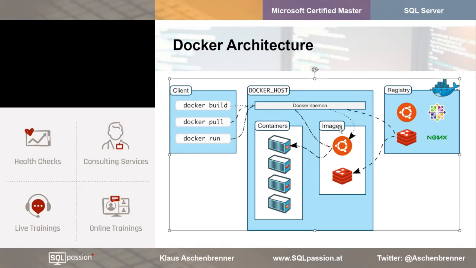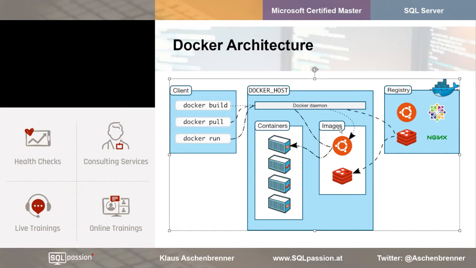And the same thing is doing the Docker run command. You are specifying the Docker image, you are specifying a few parameters like the SA password, as we see later. You have to accept the EULA, and afterwards, after a few seconds, you have a running Docker container, and inside that running Docker container, you have your well-known SQL Server in an isolated environment.